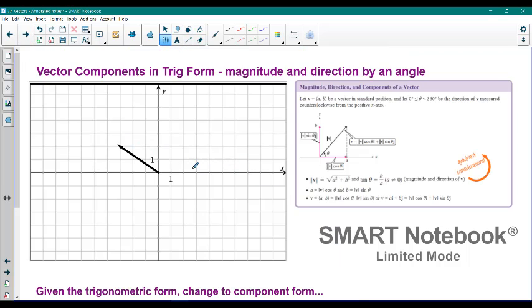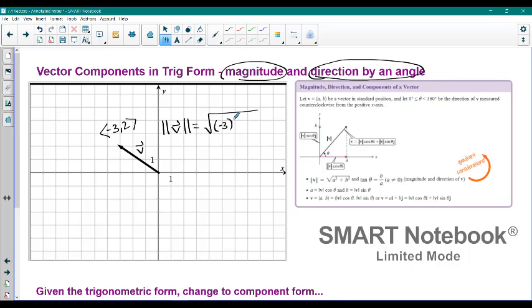So let's take a look at how we could rename this particular vector in terms of its magnitude and direction by an angle. Well, its terminal point is -3, 2. So I'm going to call this vector V just to have it with a name. The magnitude of vector V is equal to the square root of -3 squared plus 2 squared.